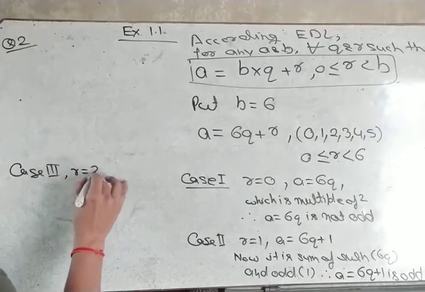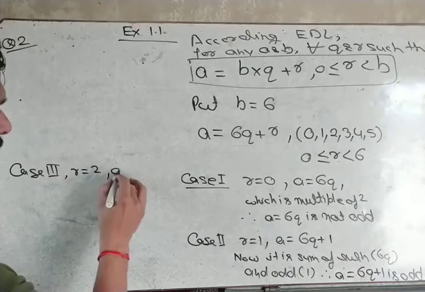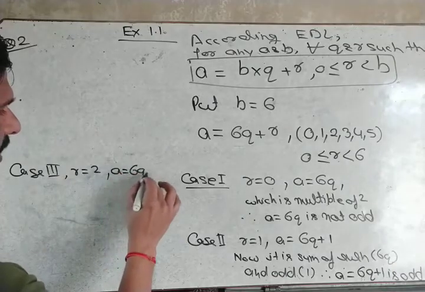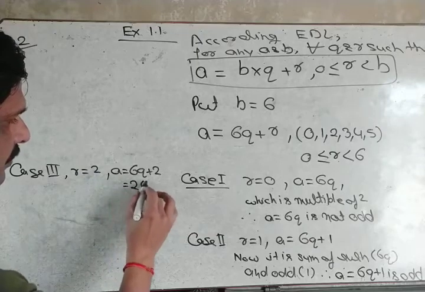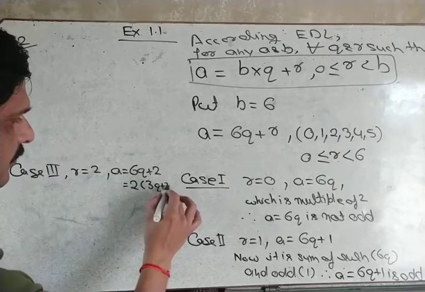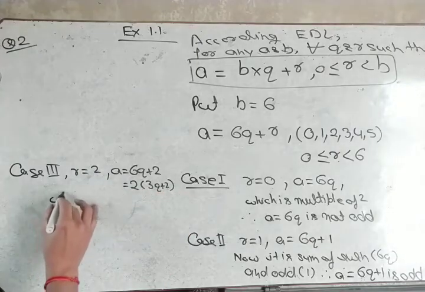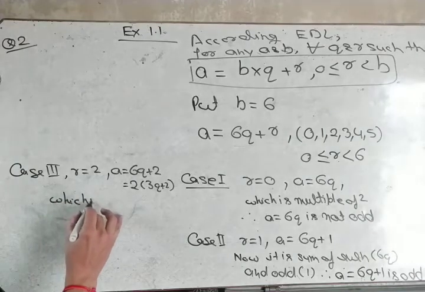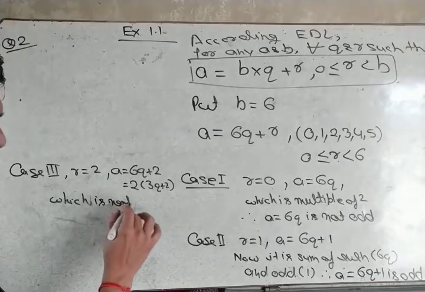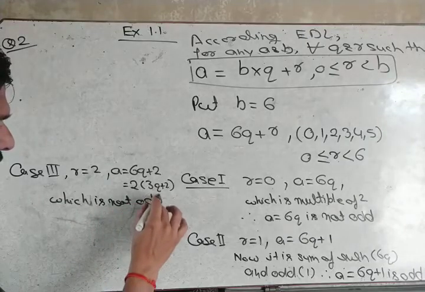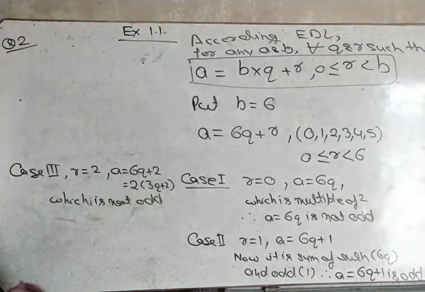R equal to 2, then A is equal to 6Q plus 2, which is not odd, because it is a multiple of 2.